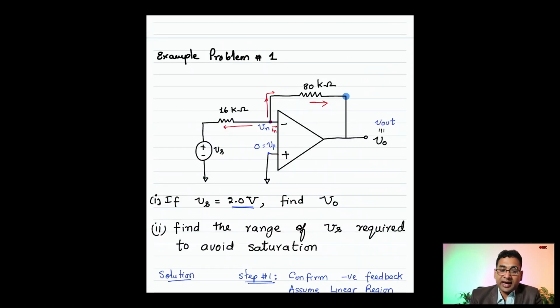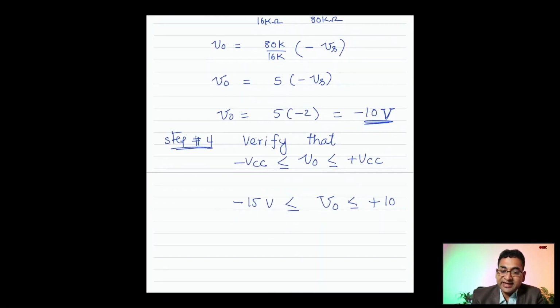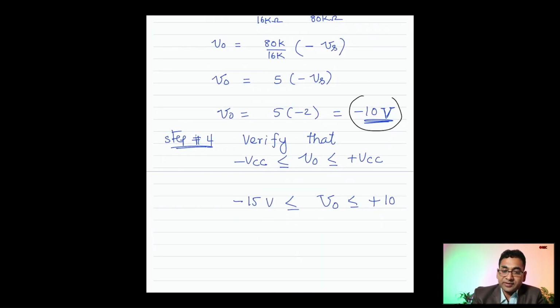Or in other words, I have forgotten to give you these numbers. The plus VCC was plus 10 volts and the negative VCC, the negative power supply, is negative 15 volts. That's something given in the problem. Now you see that the output that you calculated eventually, which is negative 10 volts, that's the answer you solved for V output, is indeed in between the positive and negative power supplies.